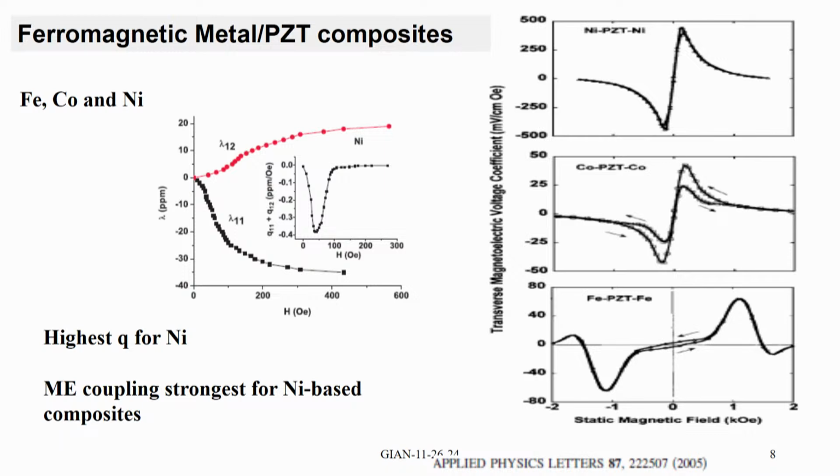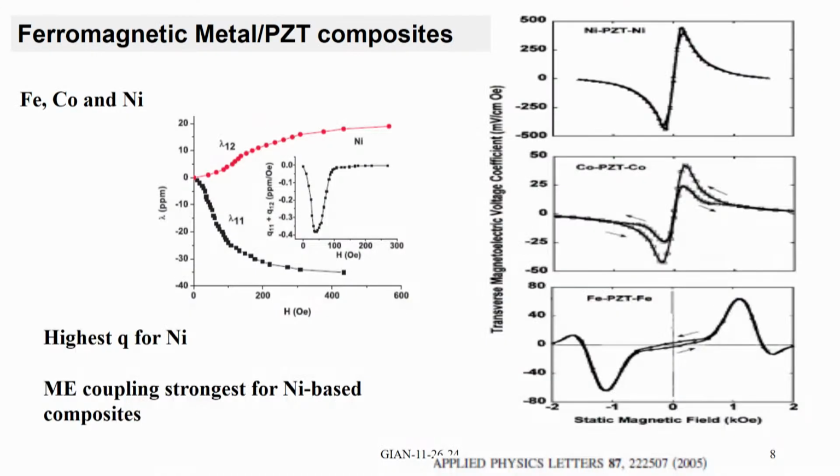So, this hysteresis and this reversal in sign, it is due to the way Q varies with the bias magnetic field. Positive and negative does not mean much. When you measure the phase, there is a phase change of 180 degrees for positive and negative values, that is all. The voltage still remains the same.